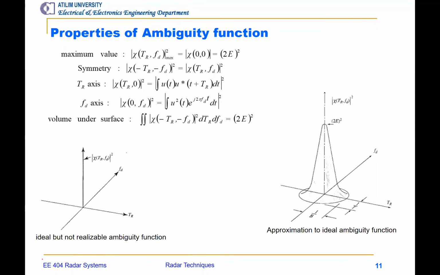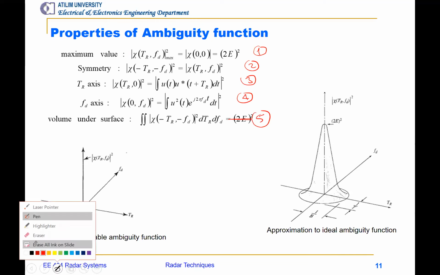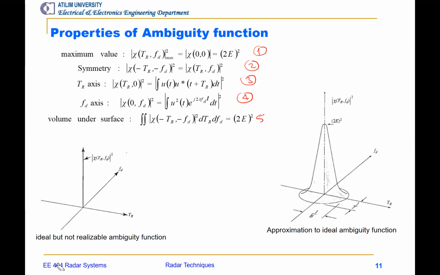So what properties does the ambiguity function have? There are 5 here. First of all, the maximum value occurs when TR and FD become zero.